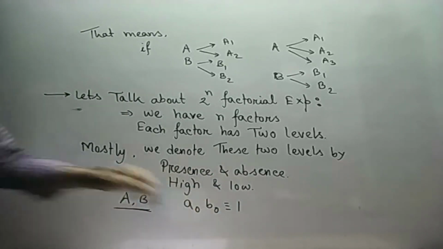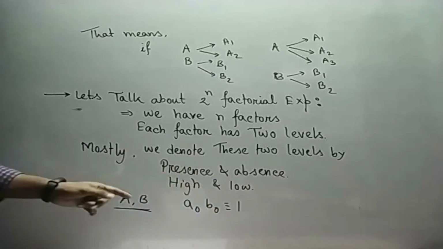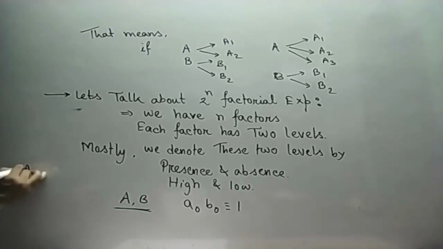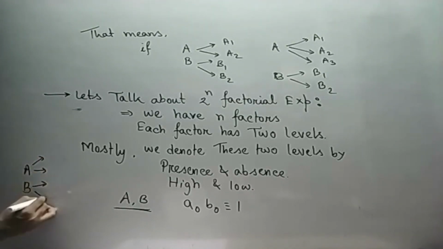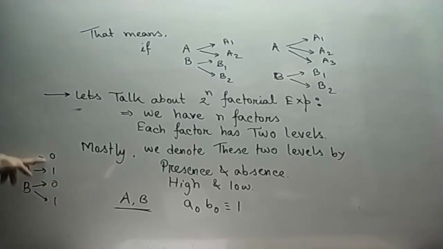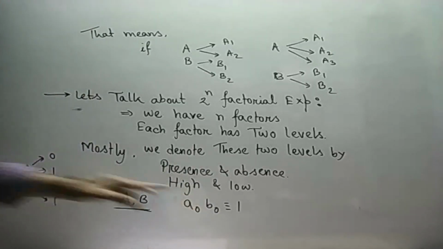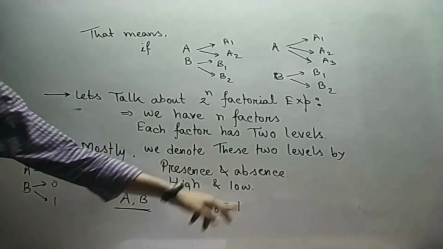Now what does that mean? Let's say A and B are two factors and each has two levels. The first level and second level are denoted by 0 and 1. You can think of 0 as absence and 1 as presence. So a naught b naught means A and B both are absent, and that's why I'm taking this 1.